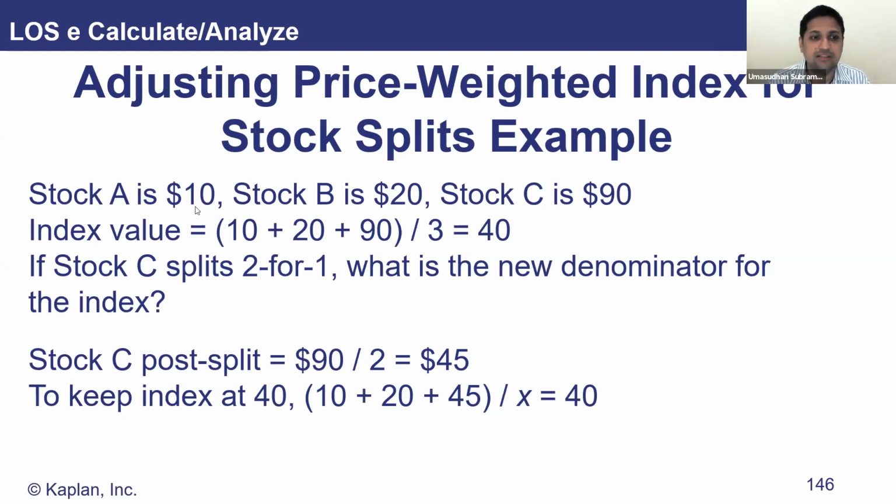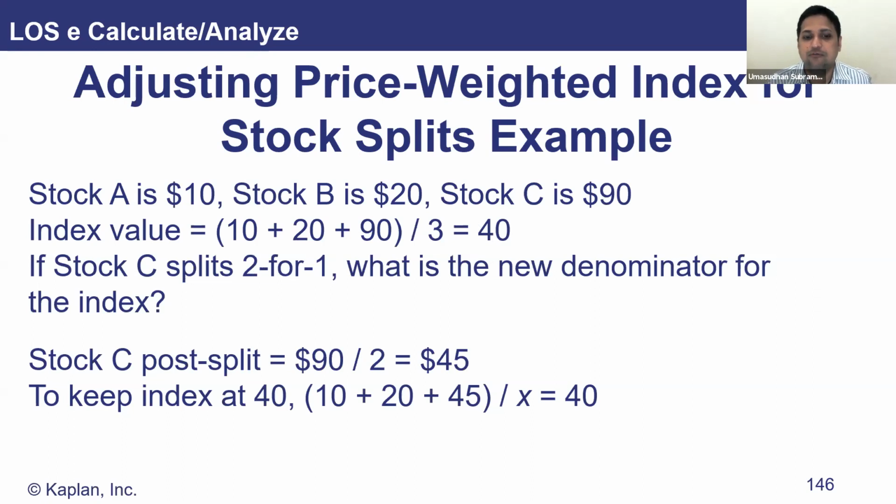So how are you going to fix it? Stock A is 10, stock B is 20, stock C is 90. Your index value is 40 because 120 divided by 3. Stock C splits 2 for 1. What is the new denominator for the index? So what's happening to stock C is becoming 2 for 1. So what would be the revised price of stock C?